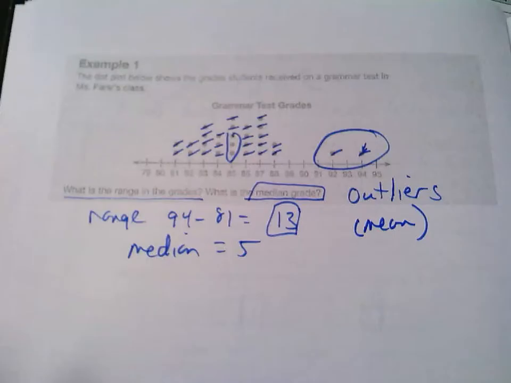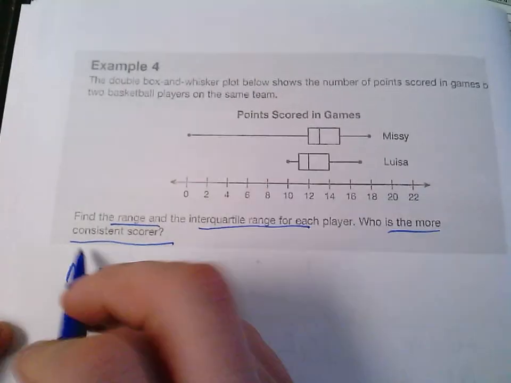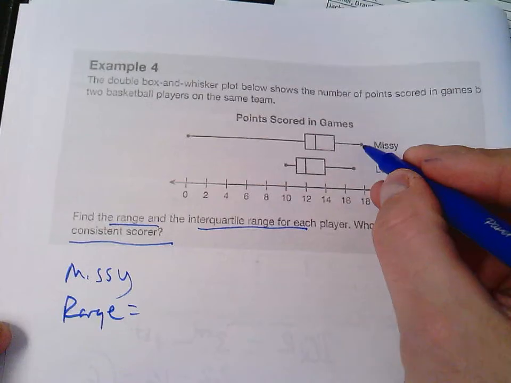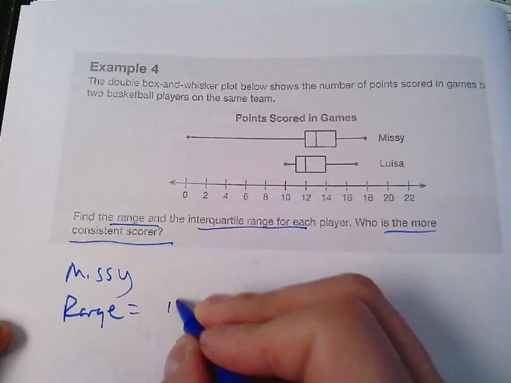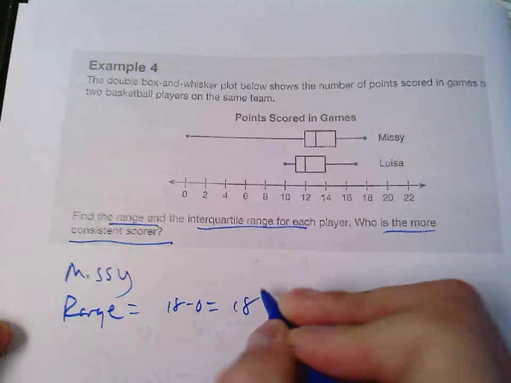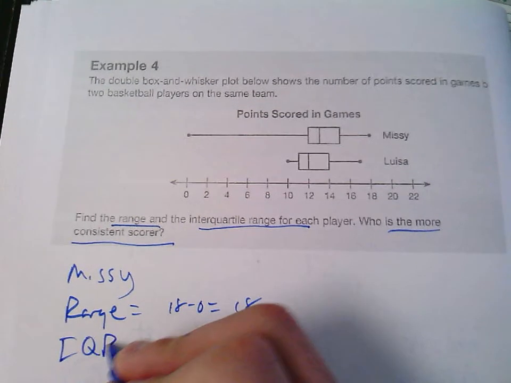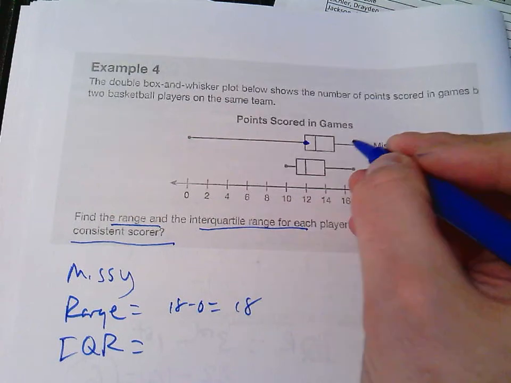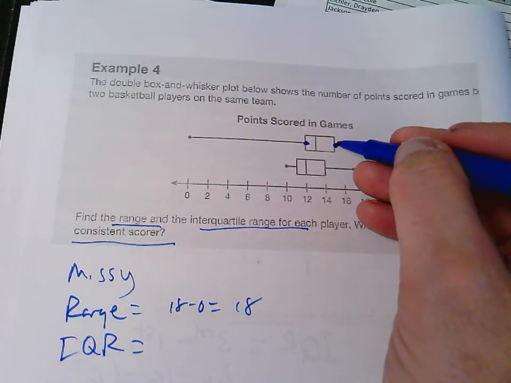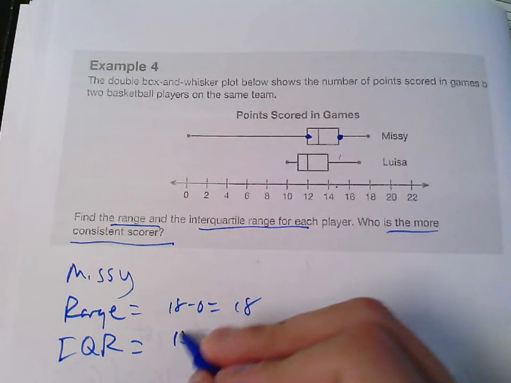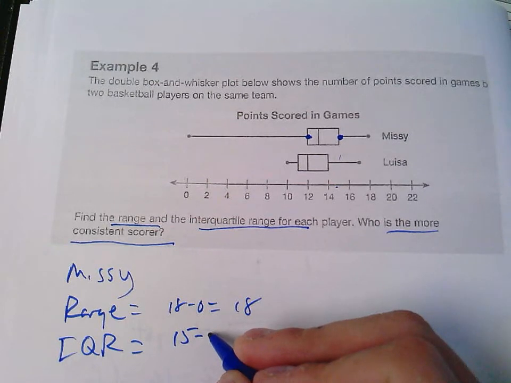The range for Missy would be from 18 to 0, so 18 minus 0, which is 18. And her interquartile range is from this point to this point. So we're going to say that's 15 minus 12, which equals 3.